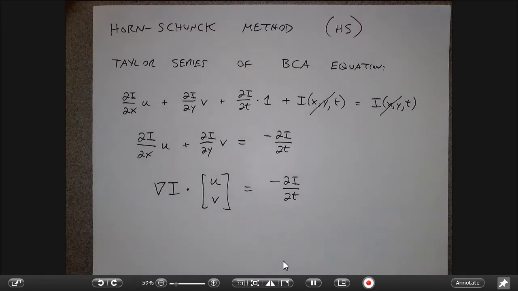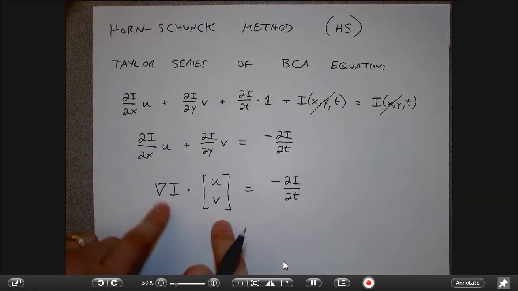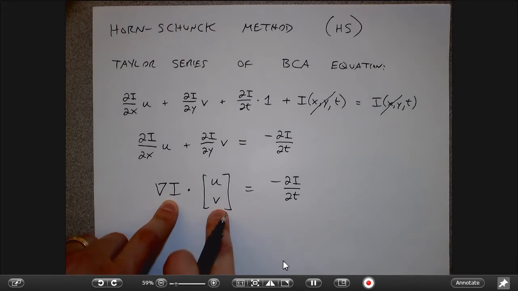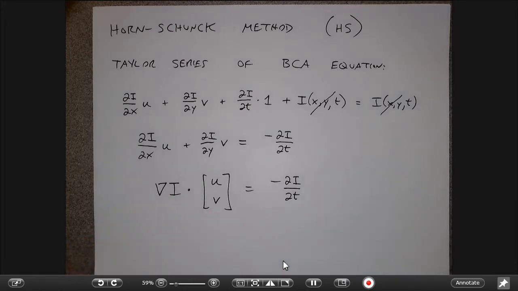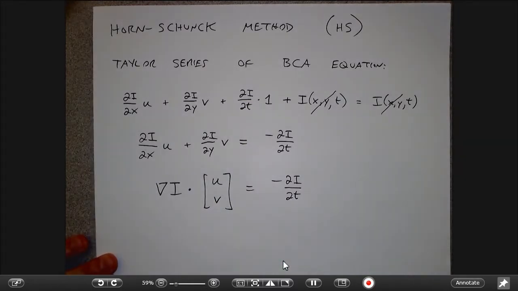This tells me what the flow vector should be in the direction of the gradient. But what I have here is one equation in two unknowns. I have u and v to estimate, and I only have this single equation in u and v to get my optical flow. So this means that I have an under-constrained system.